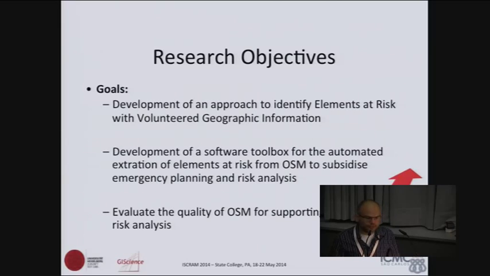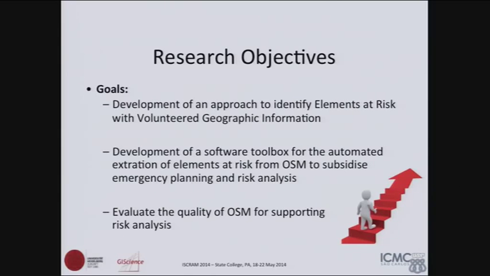So for this project, our goals were developing an approach to identify what we call elements at risk, based on literature, using OSM as a volunteered geographic information source. Elements at risk are those critical elements that we have to take care of when doing, for example, emergency planning, the assets that we have to protect first, so to say.